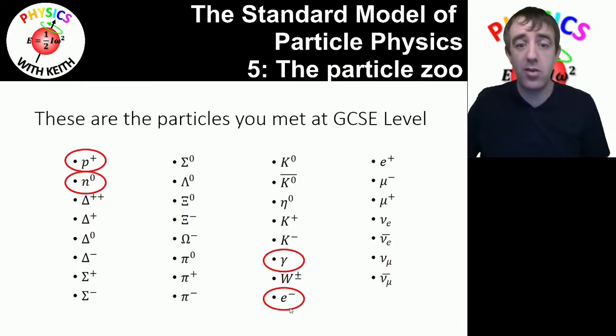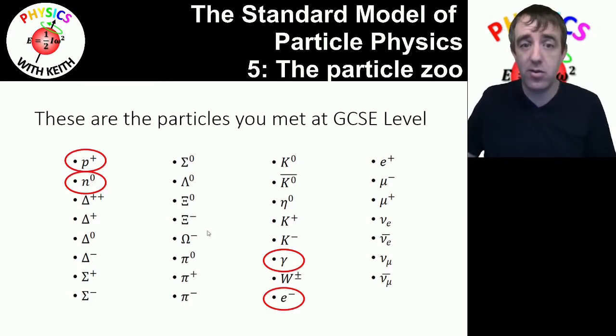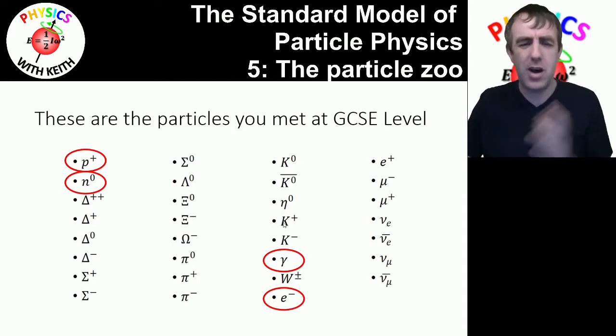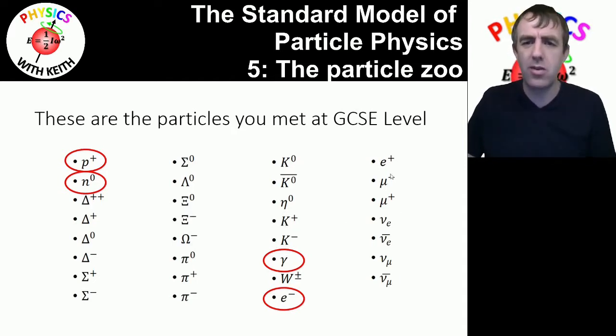We can start with those that you meet at GCSE level: protons, neutrons, electrons, and photons. But there are other familiar faces here. For example, the pion, pi0, which, you remember, Yukawa predicted was the reason for the strong nuclear force. The kaon, which we discovered by accident when we were looking for pions, and the muons, which, if you remember, were very similar to electrons but 200 times the mass.